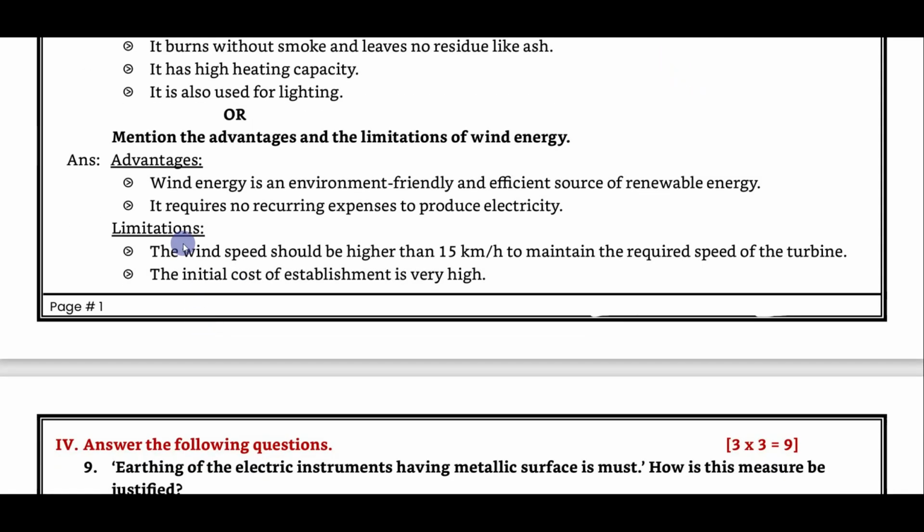Limitations: the cost is much higher and also the minimum wind speed should be 15 kilometers per hour. Below that, the fans cannot rotate and it will not generate electricity.